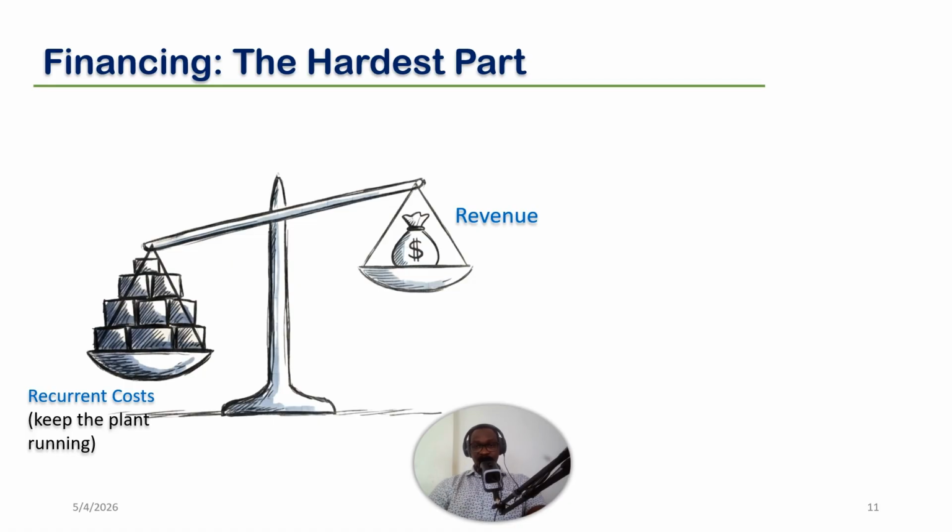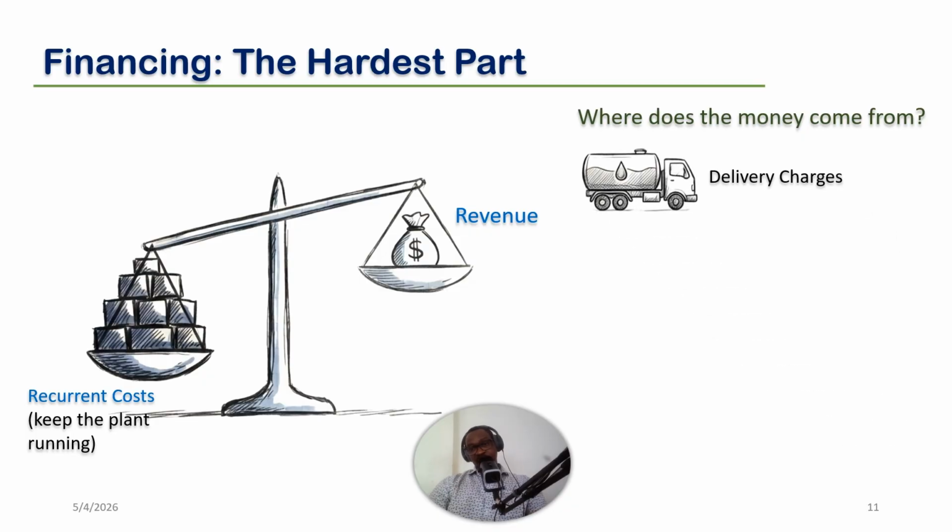Now let's look at where we can get some of the money to support these treatment facilities. Specifically, we're looking at Faecal Sludge. The first has got to do with the delivery charges. You see those trucks that come to the reception bay with Faecal Sludge? Yes.